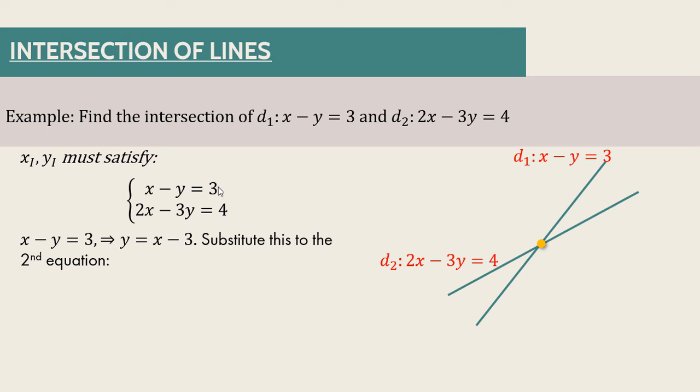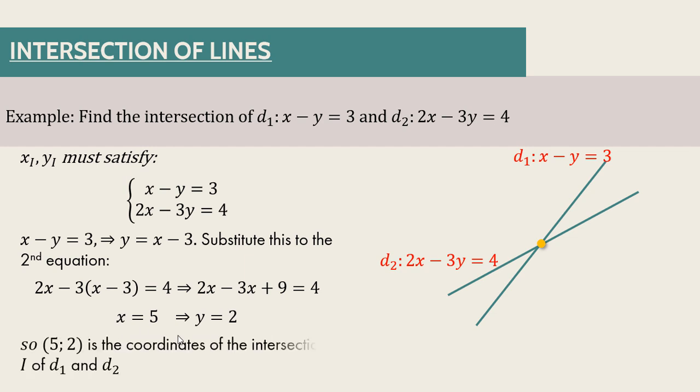From the first equation, we get y equals x minus 3. We substitute this value into the second equation to have 2x minus 3 times (x minus 3), no longer y but x minus 3 here. By simple equation solving skills, you will obtain x equals 5 and y equals 2.